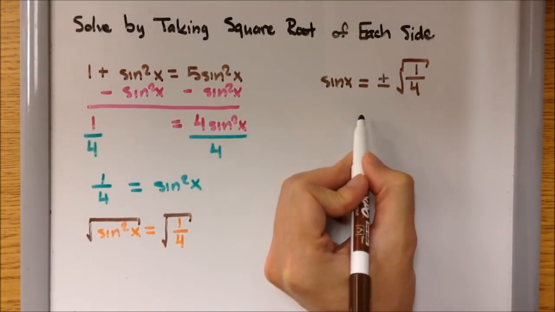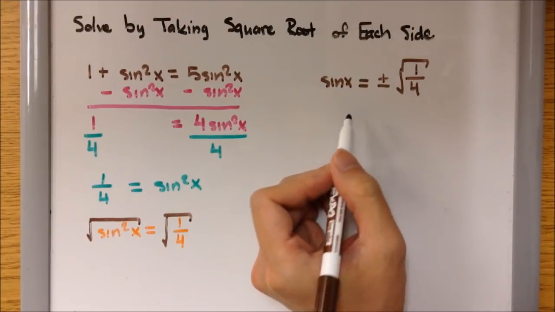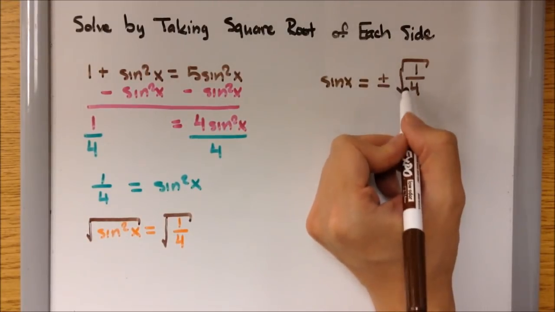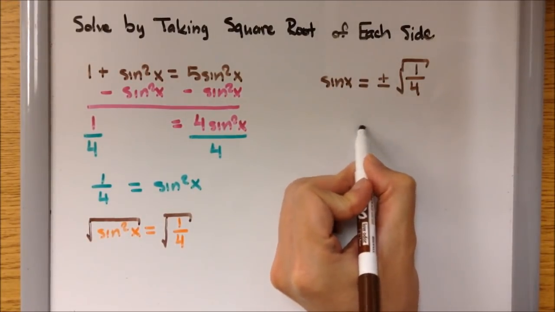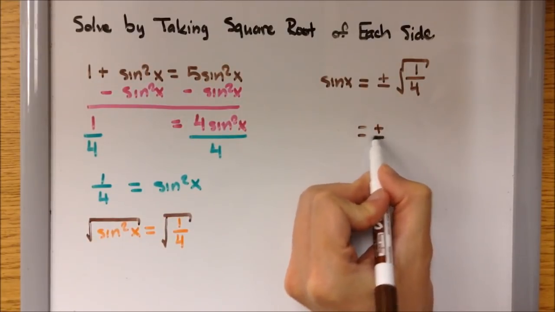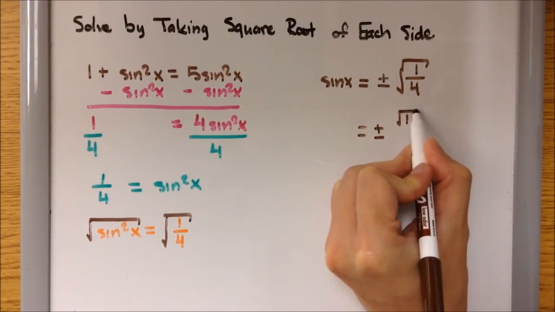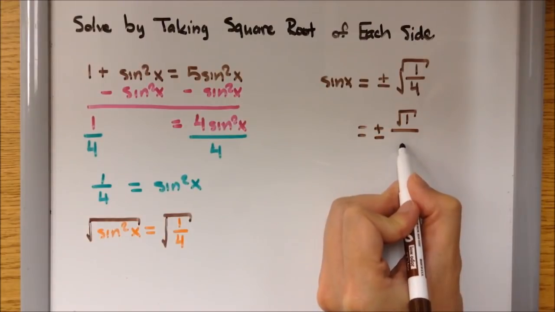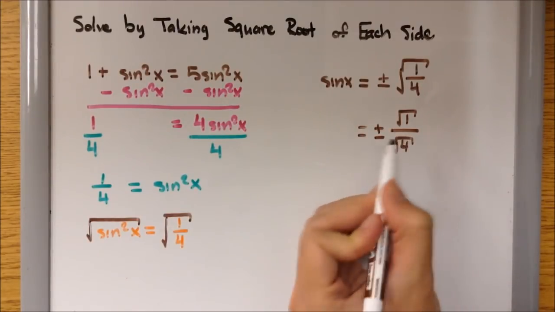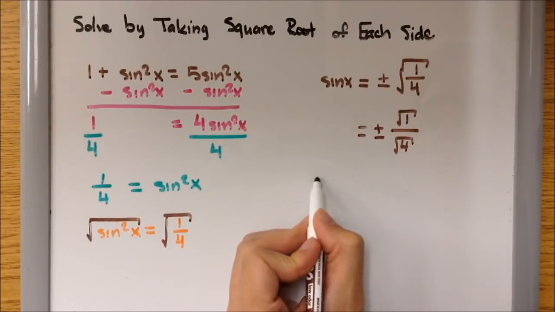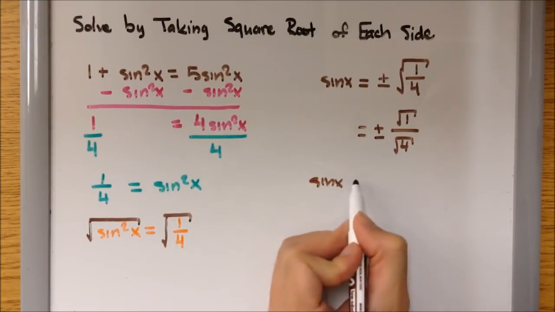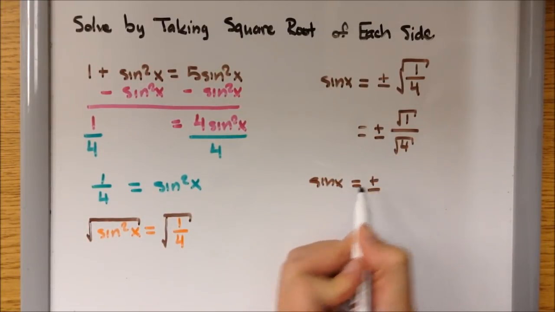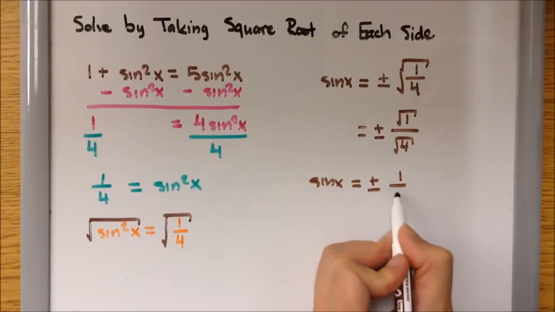Now, to review from 5.1 and 5.2, if you have a square root of a fraction, you can rewrite it as plus and minus the square root of 1 and the square root of 4. So, sine of x equals positive and negative 1/2.